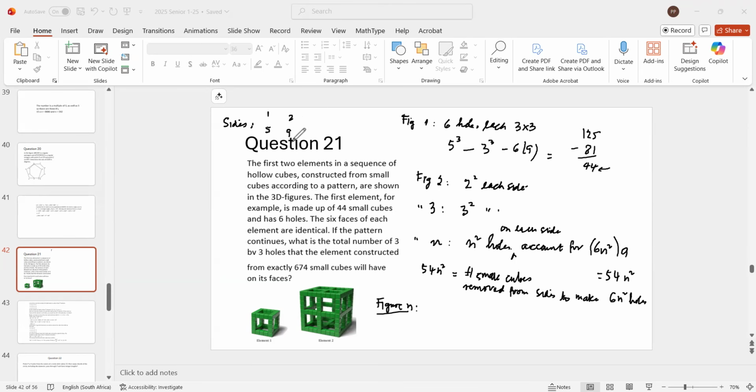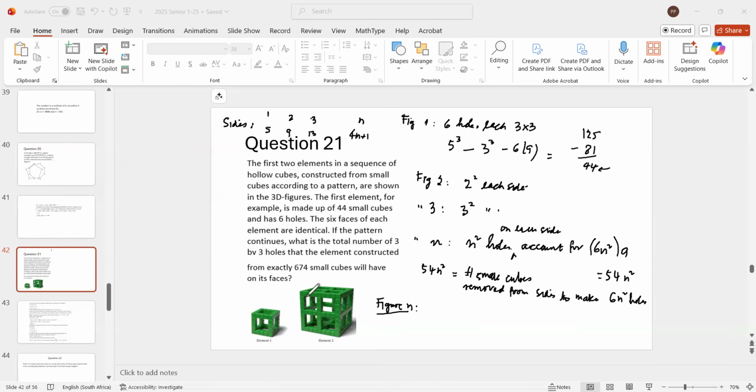And in the third figure, you will have 3 times 3, which is 9, plus 4, which is 13. Right, so in the nth figure, the number of sides will be 4n plus 1. You can see 4 times 1 plus 1, 4 times 2 plus 1, 4 times 3 plus 1. Okay, so it's 4n plus 1 in the nth figure.